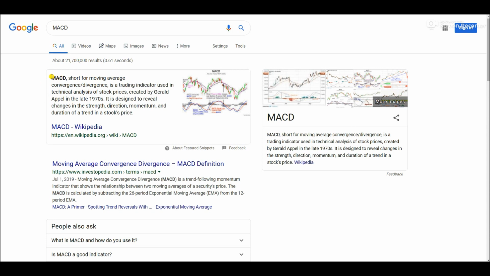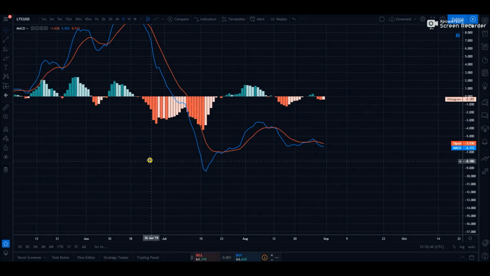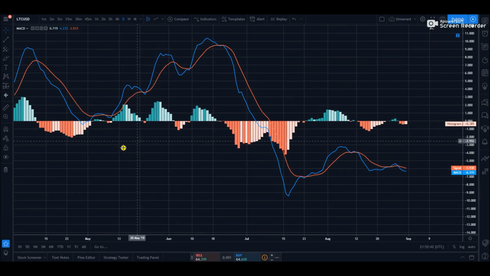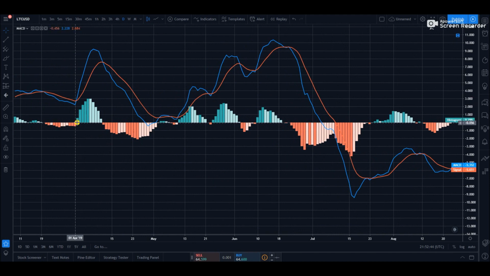So MACD, short for moving average convergence divergence, is a trading indicator used in technical analysis of stock prices. It is designed to reveal changes in the strength, direction, momentum, and duration of a trend in a stock price. So let's say green basically means that it has positive momentum to the upside.